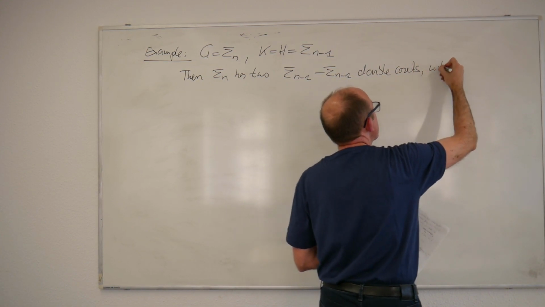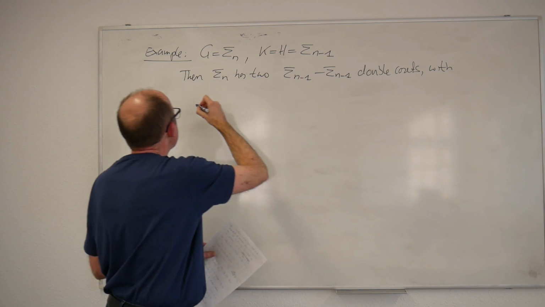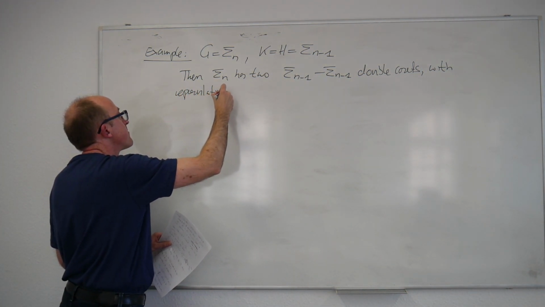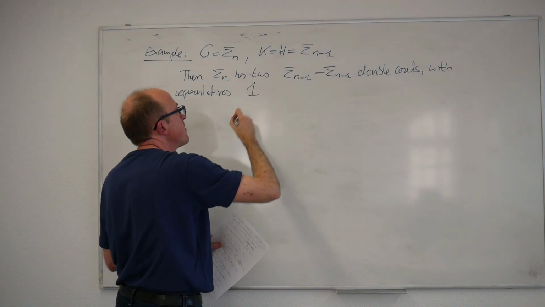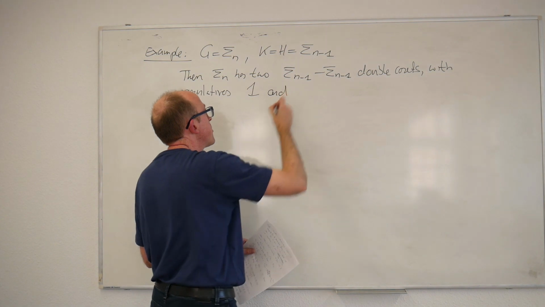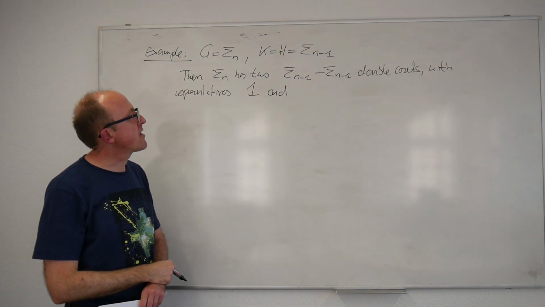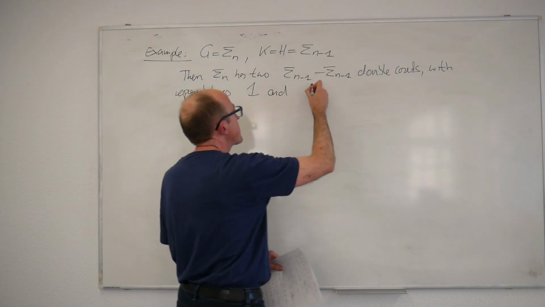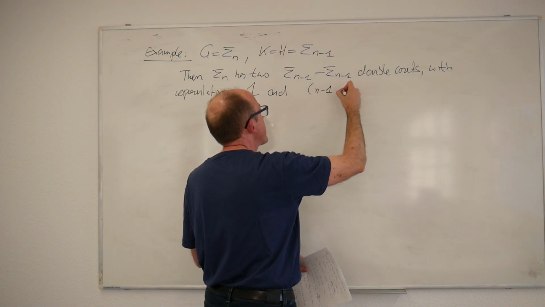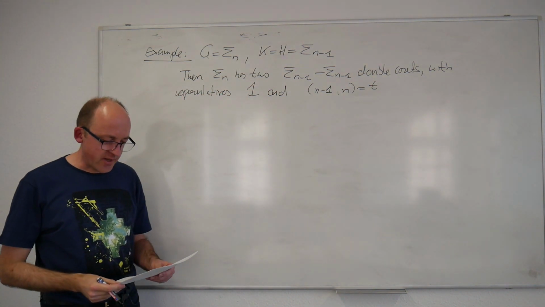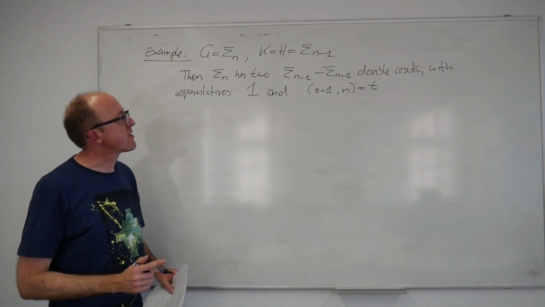And here are some convenient representatives. I take the identity element, that's always convenient to choose for this special double coset, and then there are lots of choices for the other one. You just have to take any element that actually does move the last number n, and the one particularly convenient is to choose the transposition that interchanges n minus 1 and n, and I call this t for transposition.